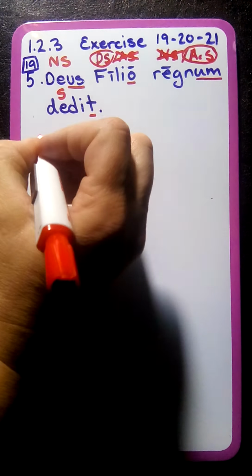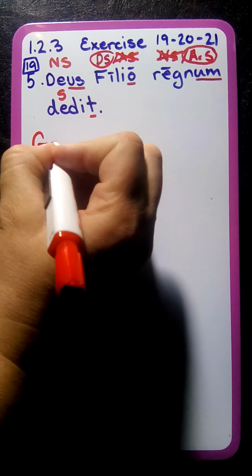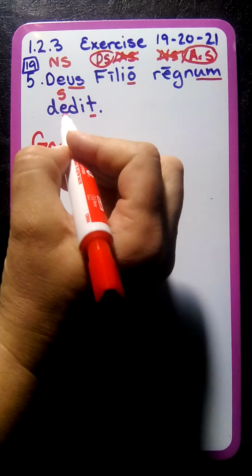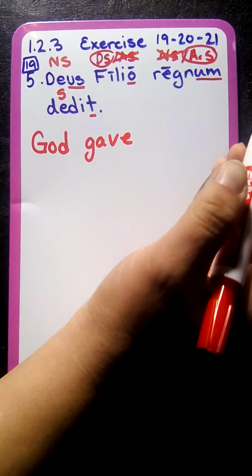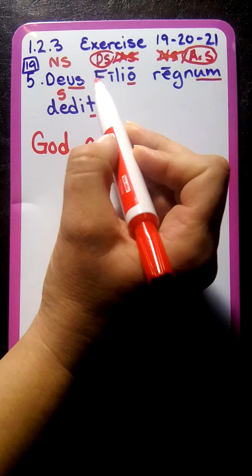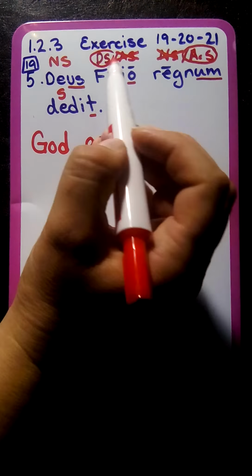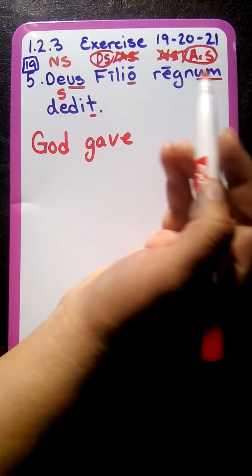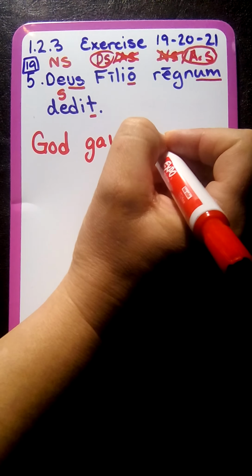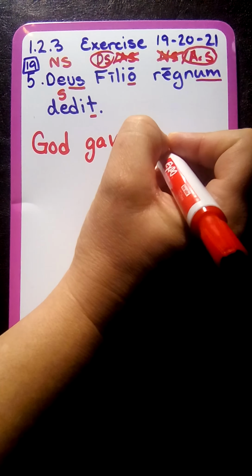So we have God gave, who or what? Well, gave son. This is capitalized, son, so we know we're talking about his son. So we could say the son, or we could say his son.